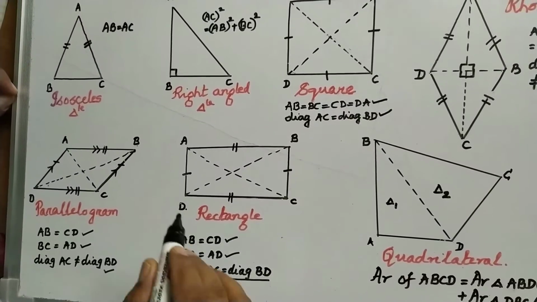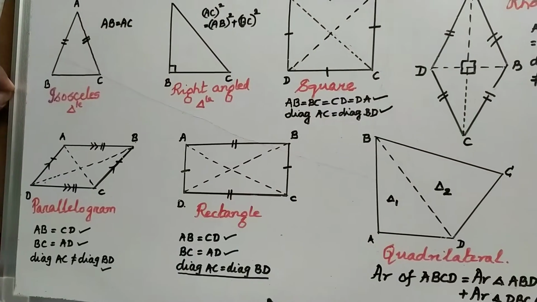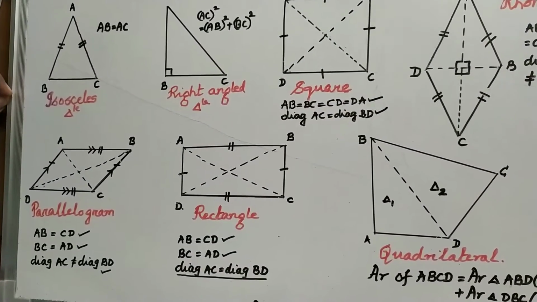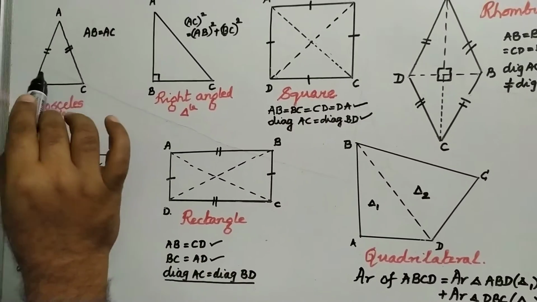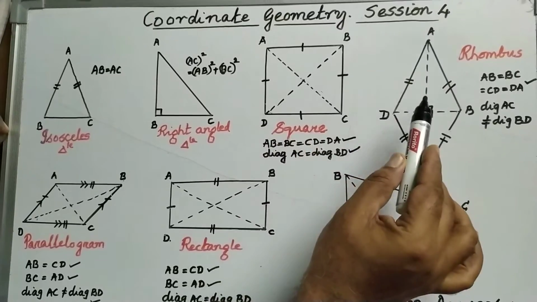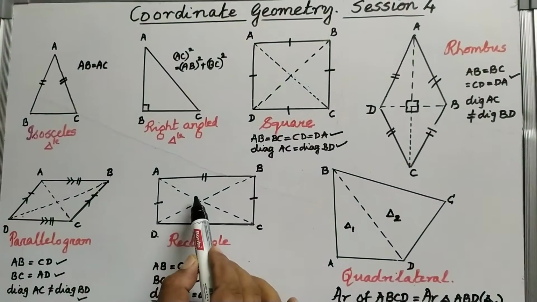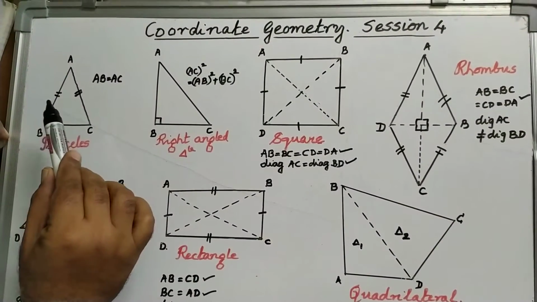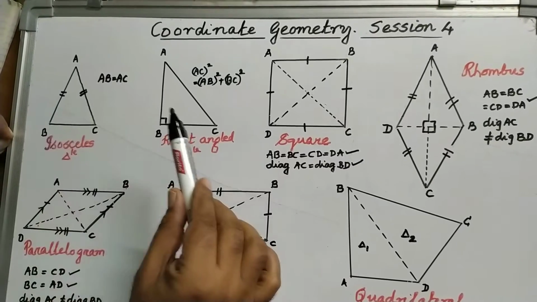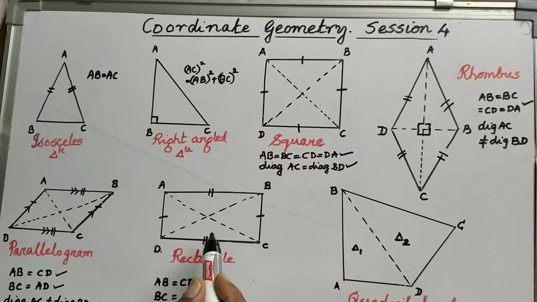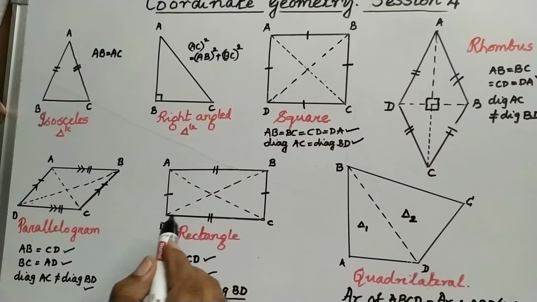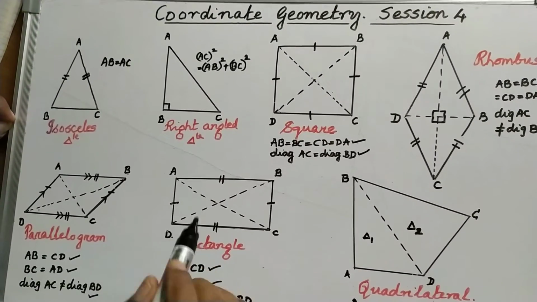If you prove that, then the four vertices given form the vertices of a rectangle. So in case 1, case 2, case 3, case 4, case 5 and case 6, when they give you an isosceles triangle, right-angled triangle, square, rhombus, parallelogram and rectangle, while proving you will be using the distance formula.